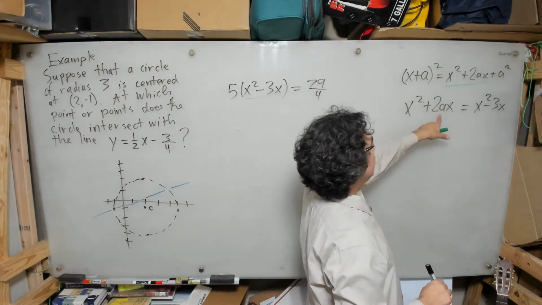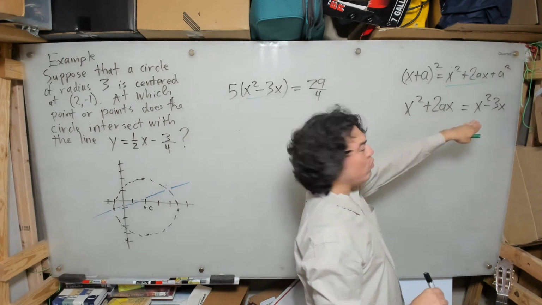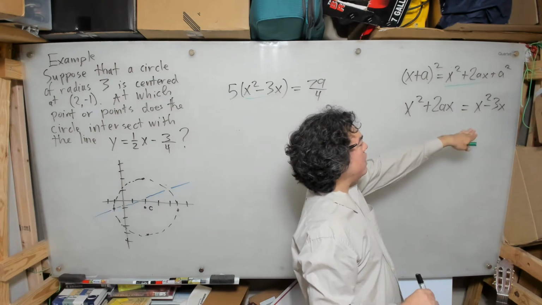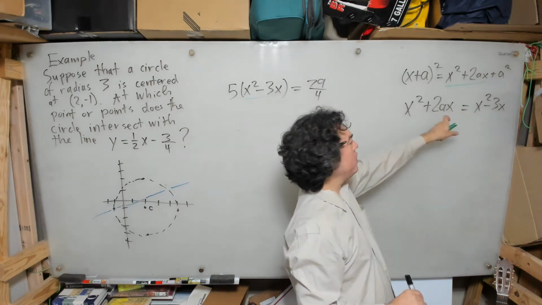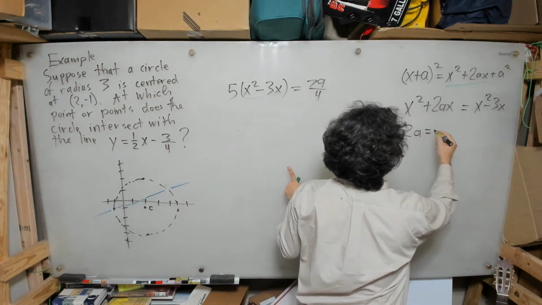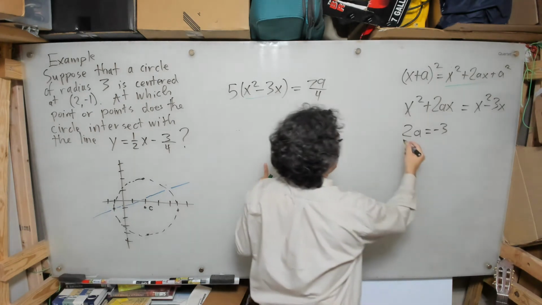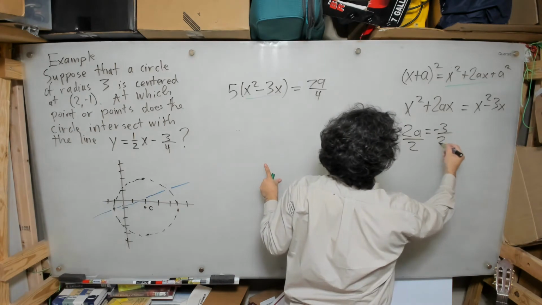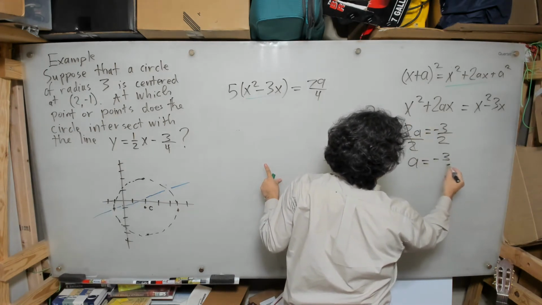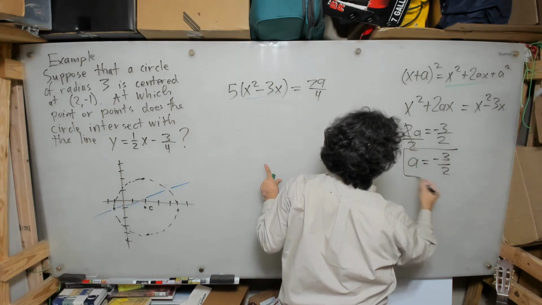Well, if x squared plus 2ax in my general formula is going to equal x squared minus 3x, then I must have 2a equals negative 3. Okay? So I'm going to divide both sides by 2, and I get that my a must equal negative 3 over 2. Okay?